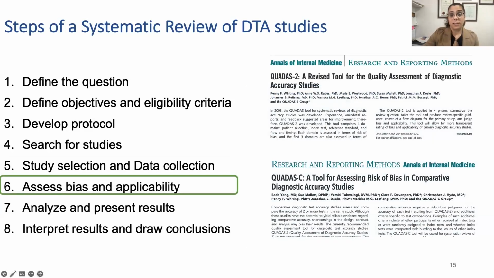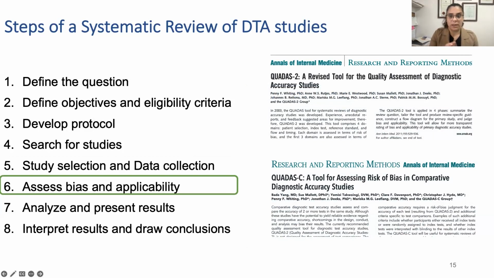Now, as a sixth step, we assess the risk of bias and applicability of the included studies. We usually use a standardized assessment tool that might be the QUADAS-2 and the QUADAS-C tools that have been suggested for the diagnostic test accuracy studies. And we focus on risk of bias and applicability and not the reporting of the studies.